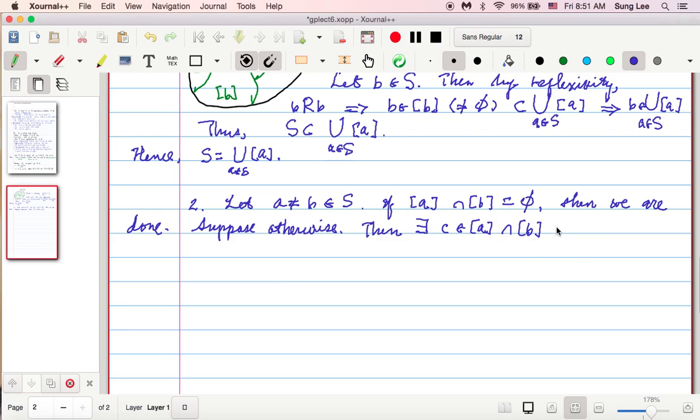So this implies that C is in the class of A, and C is also in the class of B by definition. And that implies C is related to A, and C is also related to B.